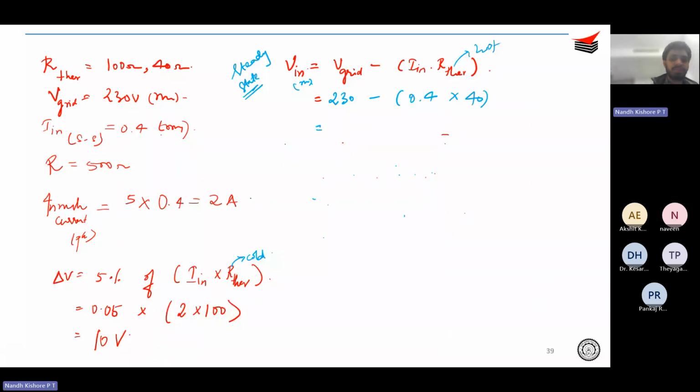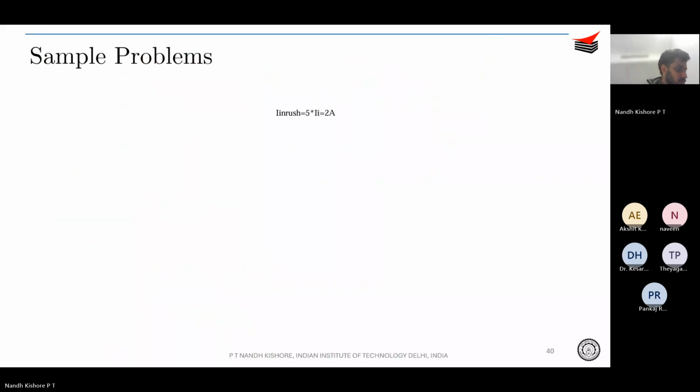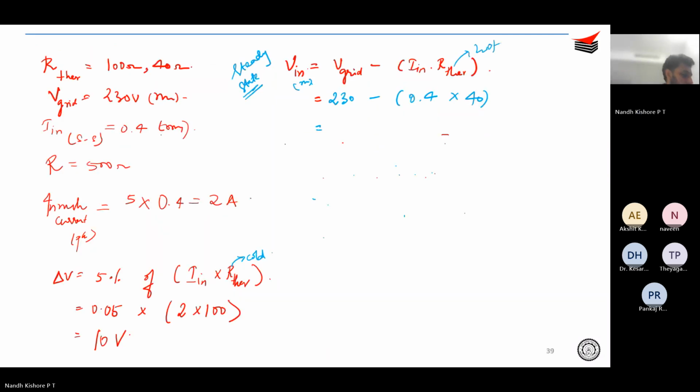So 230 minus this turns out to be around 1.6. So 230 minus 1.6 is somewhere around 228.4. This will be your steady state Vn.